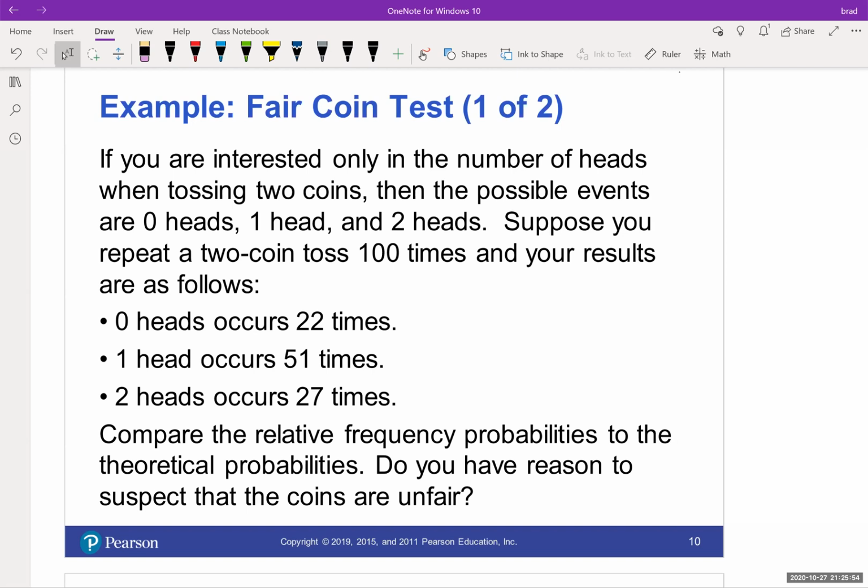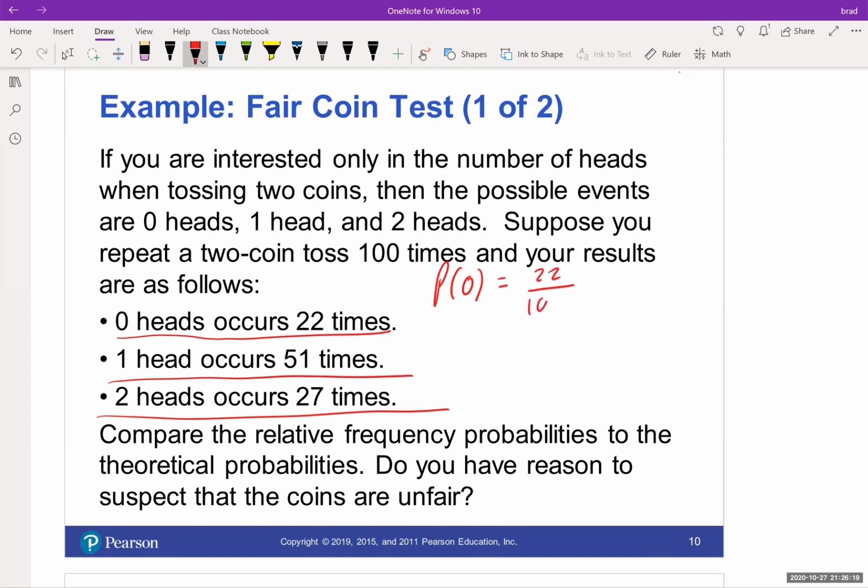So they did it, and they said that 0 heads occurred 22 times, meaning that they flipped tails twice. 1 head occurred 51 times, and 2 heads occurred 27 times, okay? So let's take the relative frequency. The probability of 0 heads being tossed would be 22 out of 100, so this is 0.22.